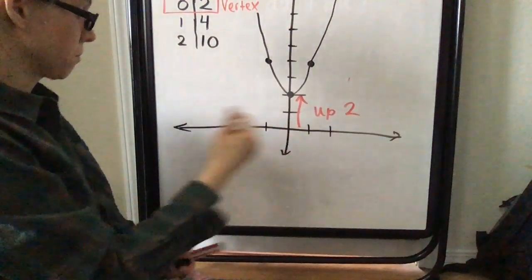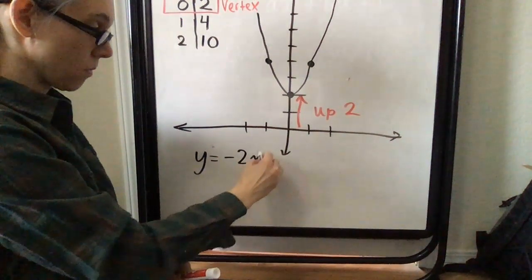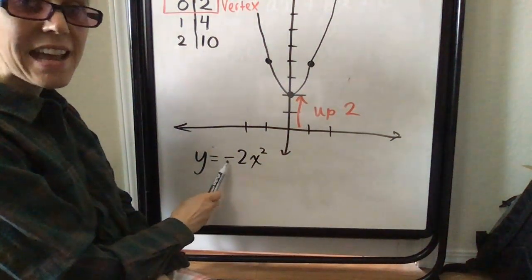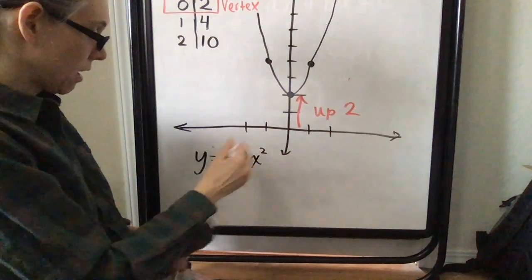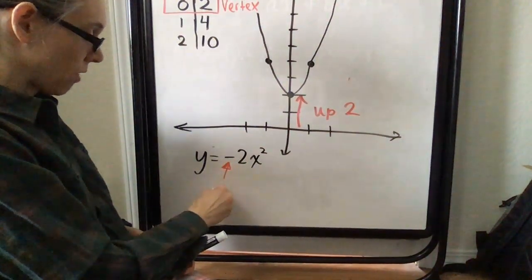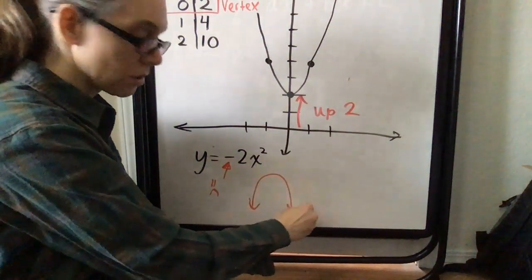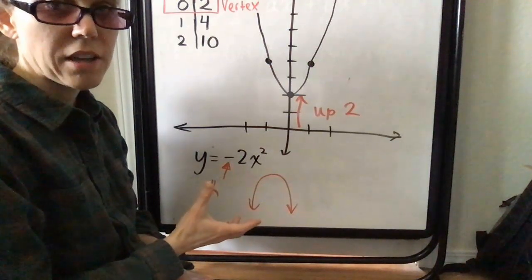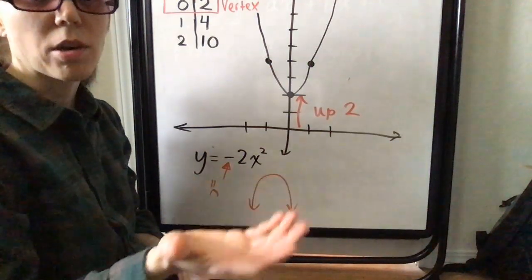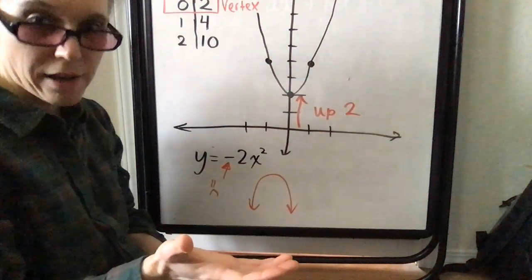In the event that you have something like this, if you have negative 2x squared, the negative right here means that you have a sad parabola. So the parabola looks like that, okay? So when you're looking at a graph and you need to figure out, like in question 4 on MyOpenMath, you have to match equations to graphs.